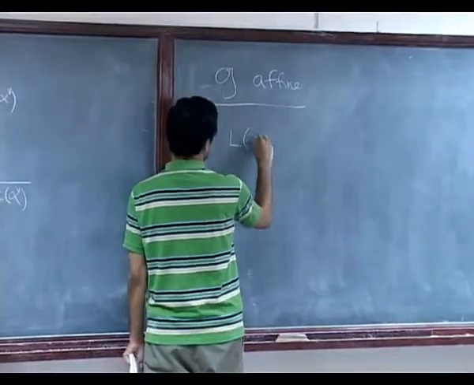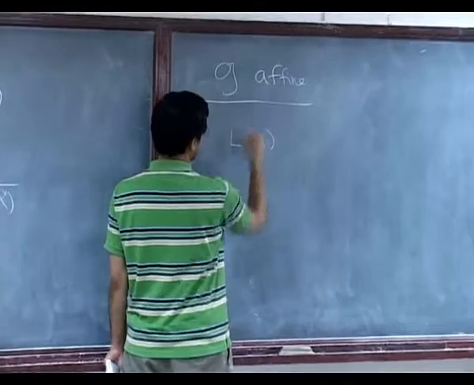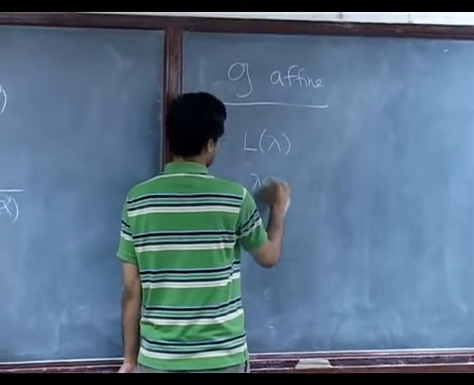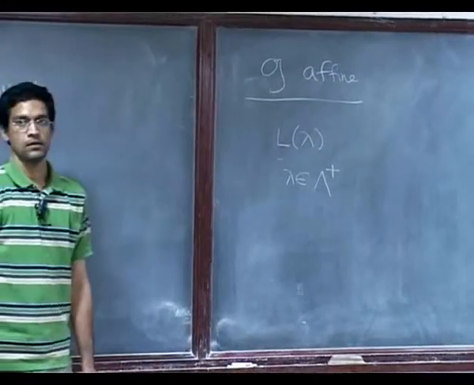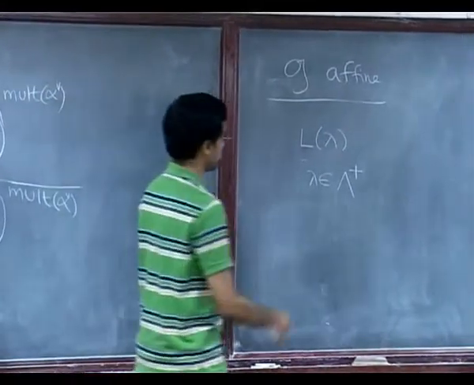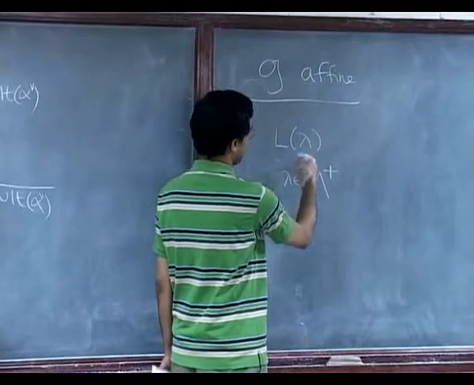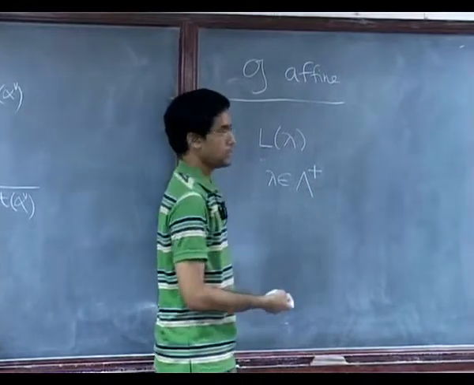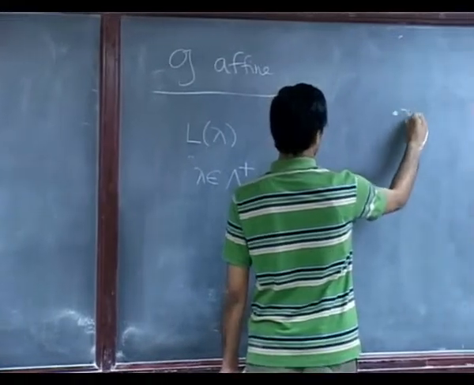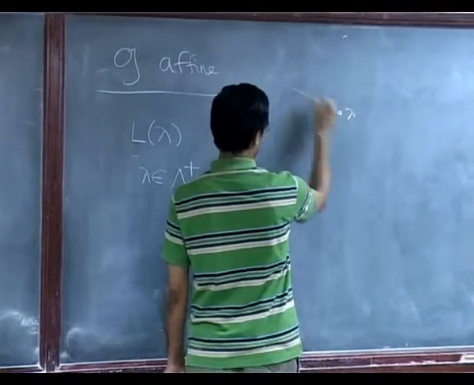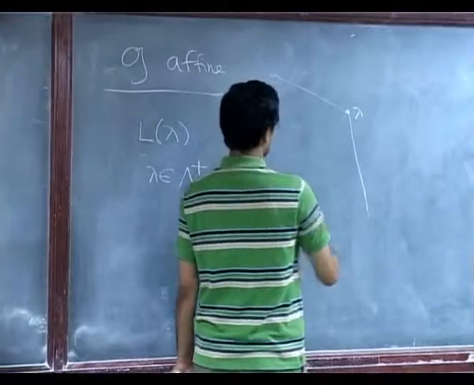So we want to understand these representations L lambda, where G is affine, where lambda is an element of the dominant integral weights, right? And one wants to understand, for example, the structure of what weights appear and so on. So recall in the finite dimensional case, so we have lambda, and so what are the weights in the finite dimensional case?